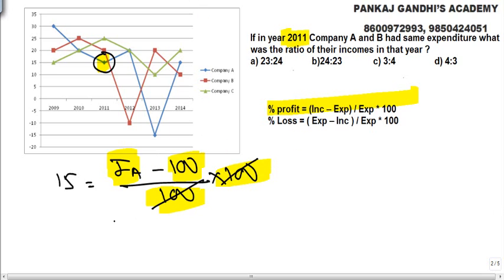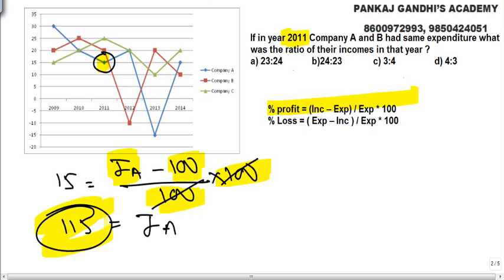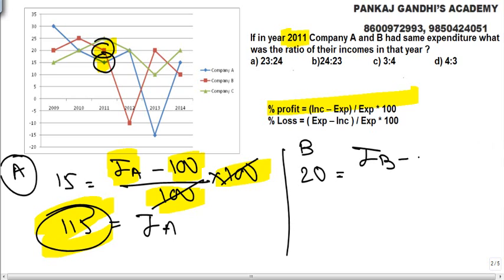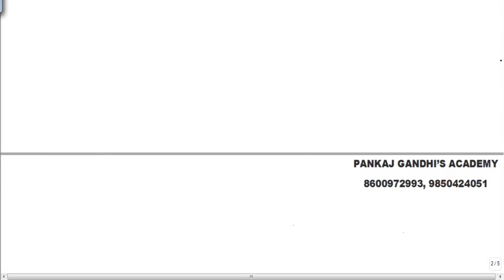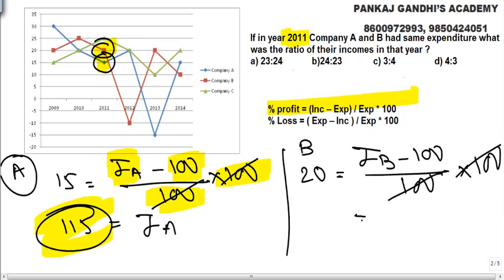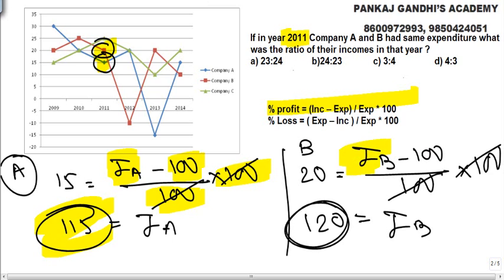So what we get, cancelled, income of A is 115. Now, this is for A. For B, what we know is percentage profit for B is 20%. Income of B minus expenditure of B upon 100, this thing cancels. What we get here is income of B is 120.